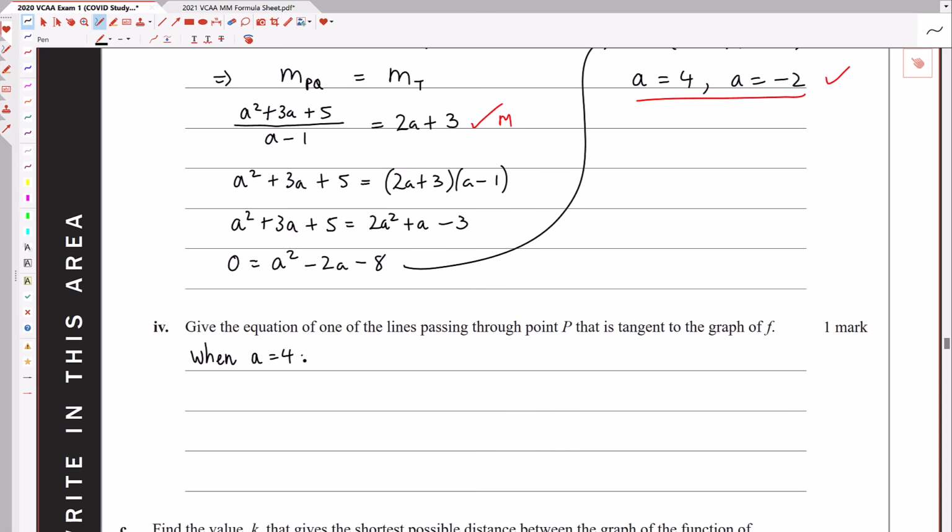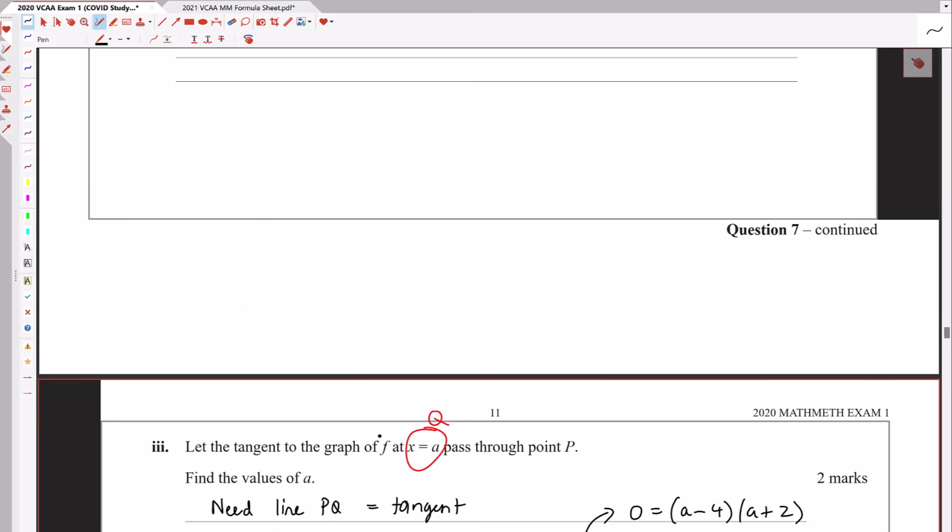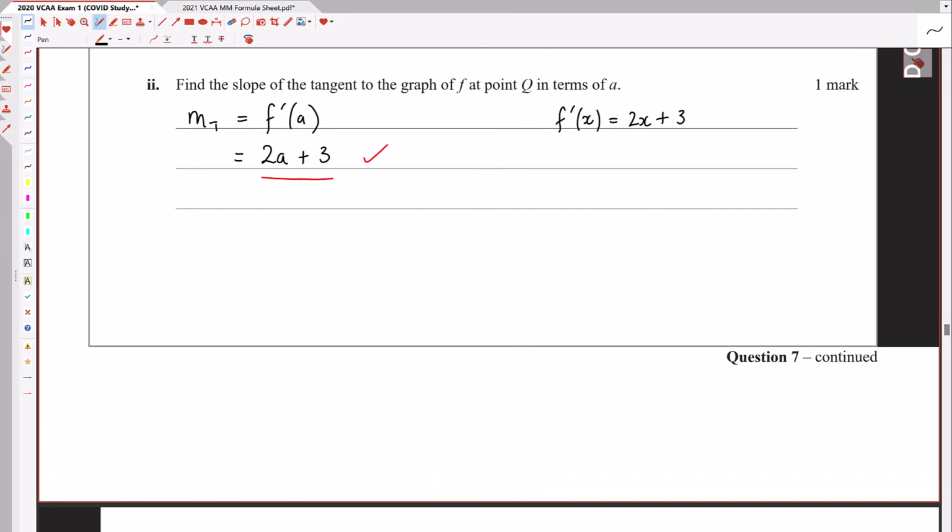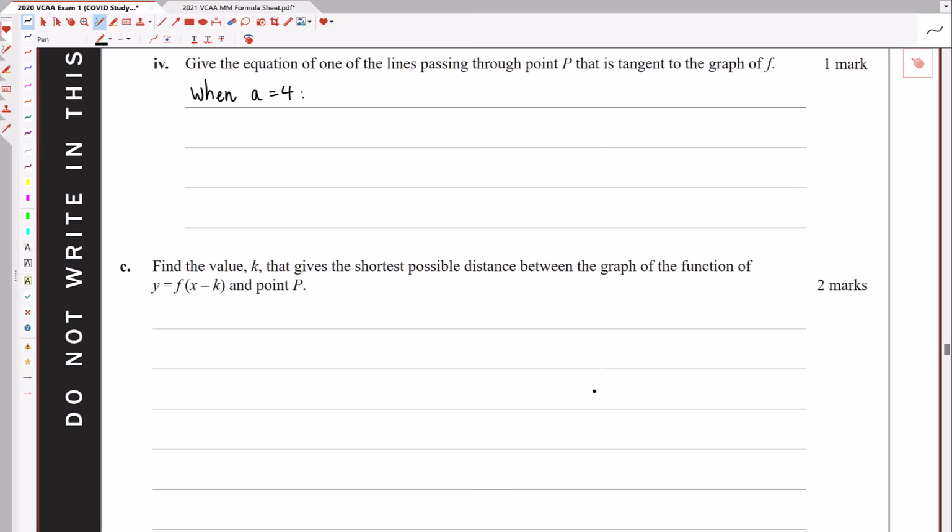When a equals 4, we know that it goes through the point P, and P has coordinates of (1, 0). So y minus 0 equals, sorry, the gradient won't be a 4. We need to work out the gradient. When a equals 4, the gradient of the tangent, remember, is 2a plus 3.